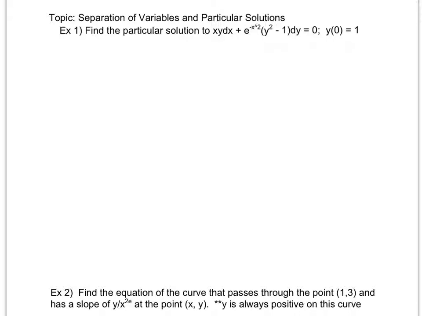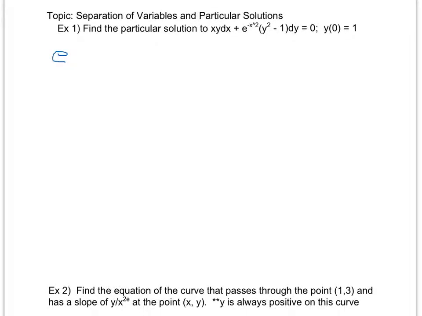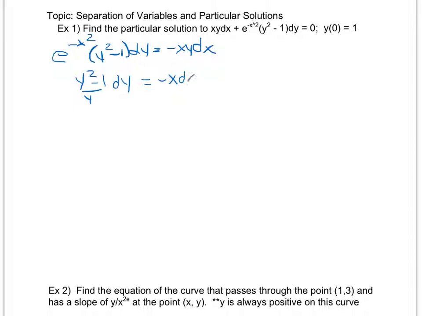Doing that, I will have e to the negative x squared times (y squared minus y) dy equals negative xy dx. Then I'm going to divide by e to the negative x squared and also divide by y. So I will have left over (y squared minus 1) all over y dy equals negative x dx over e to the negative x squared.